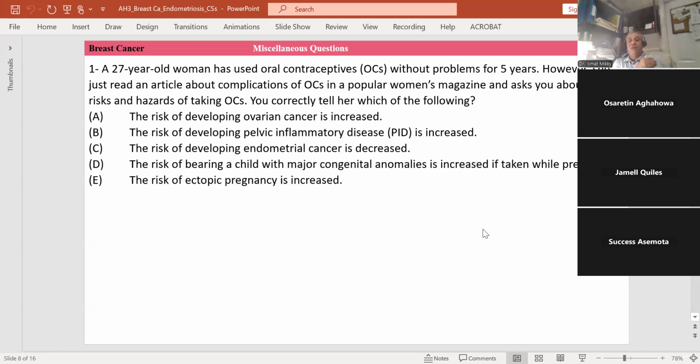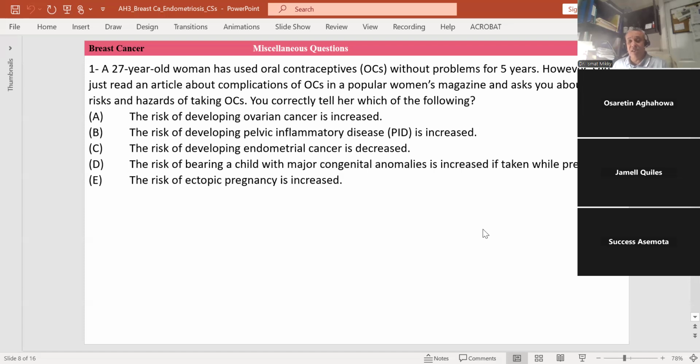So the risk of endometrial cancer will be decreased by 50% after 1 year of oral contraceptive use. And the protective effect seems to persist after stopping the oral contraceptives. The incidence of ovarian cancer in OC users is about 50% less than that found in non-users. The incidence of PID, pelvic inflammatory disease, is also decreased by 50% in OC users.